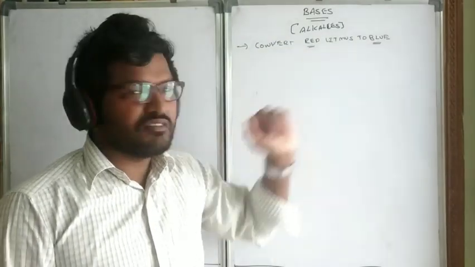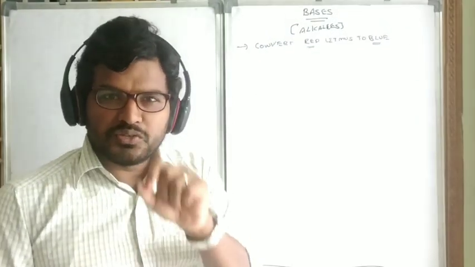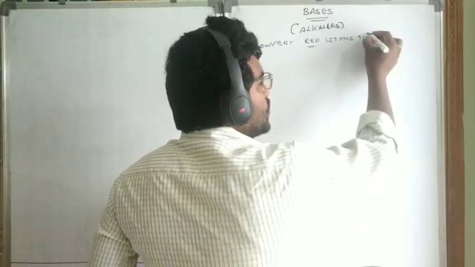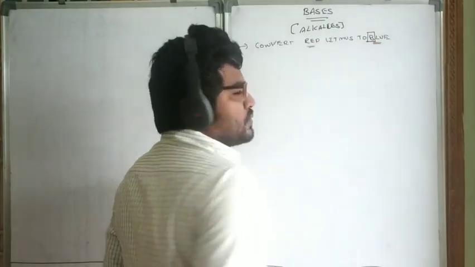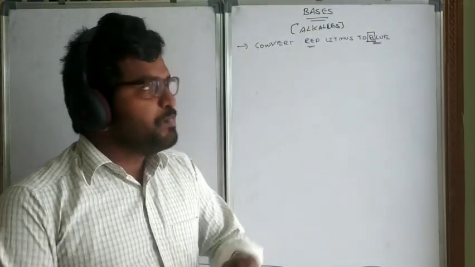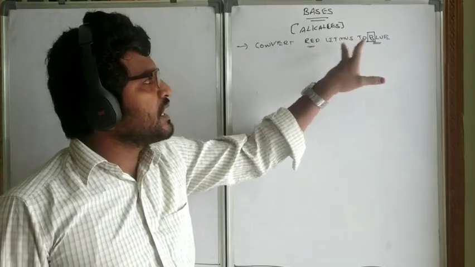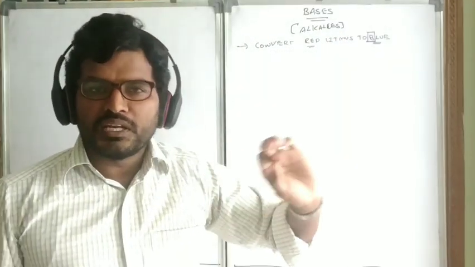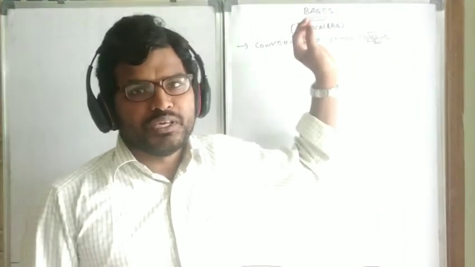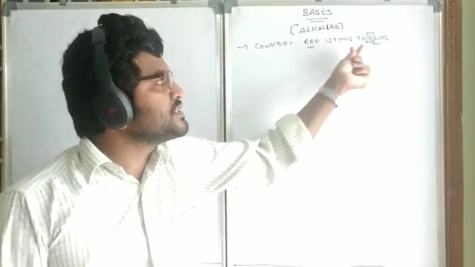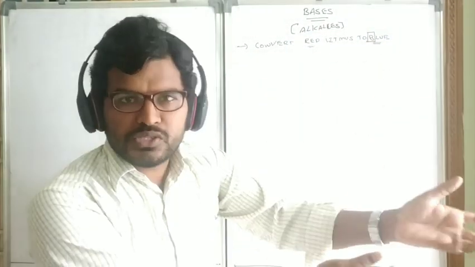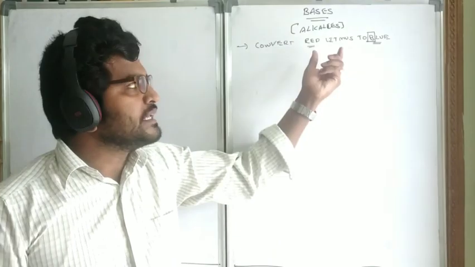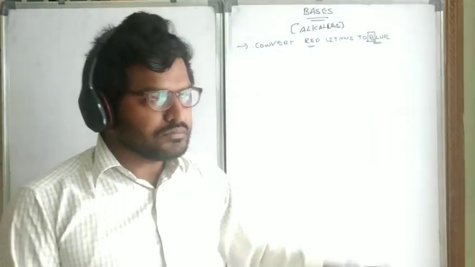Here some confusion will be there for everybody. Blue litmus is having blue, so that's why bases will be converting the color into blue. You remember, you can easily identify. Bases convert red litmus into blue, so bases will produce blue color. That you remember, easily you can remember this thing.